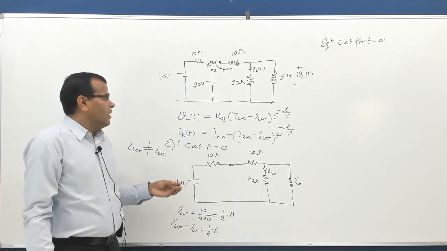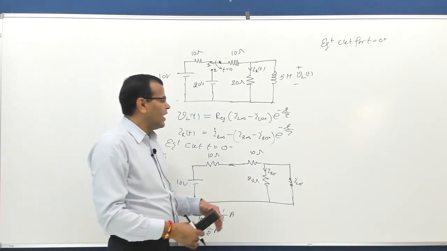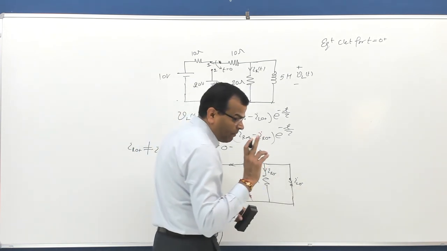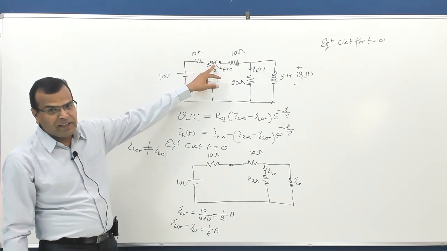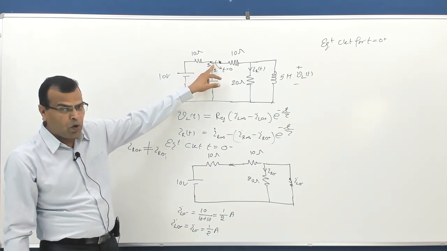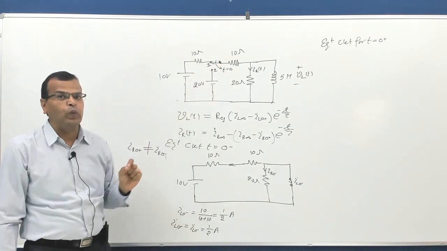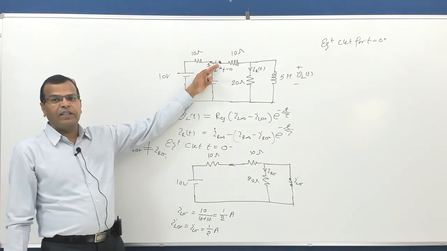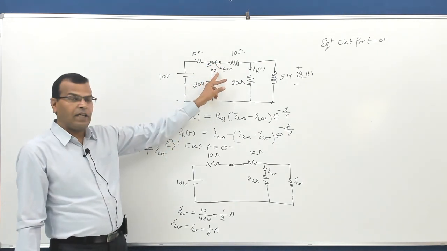So while drawing the equivalent circuit for t equal to 0 plus, I will replace it by a current source. But remember, at t equal to 0 minus, this switch was at position 1. Now at t equal to 0 plus, the switch will be at position 2. Reason, t equal to 0 minus was before switching, that was, the switch was at position 1, and at t equal to 0 plus, the switch is at position 2.